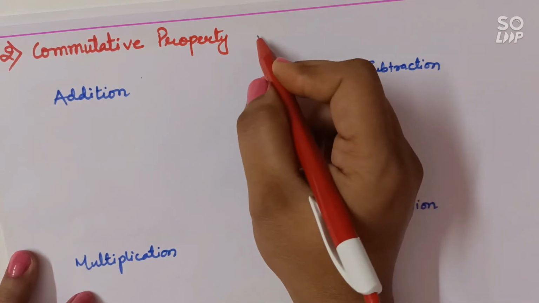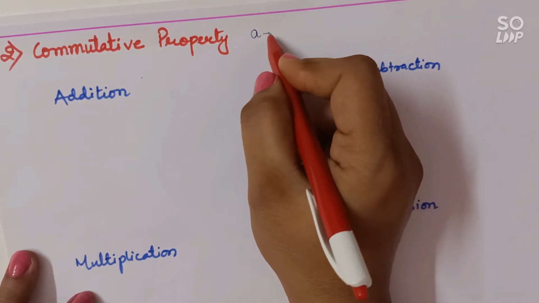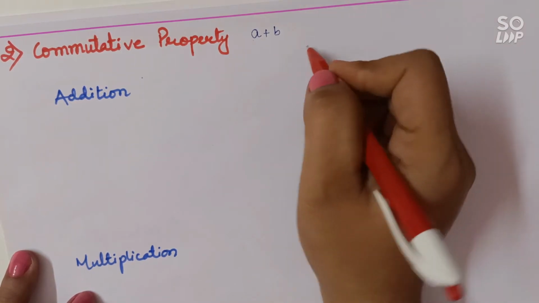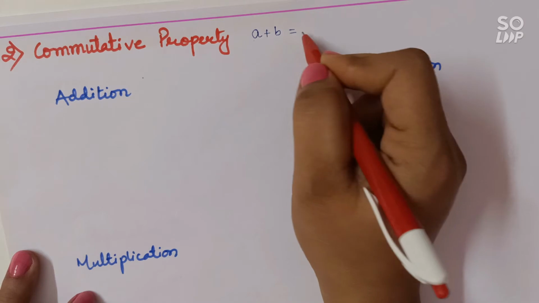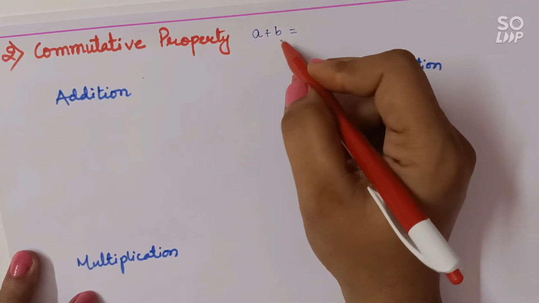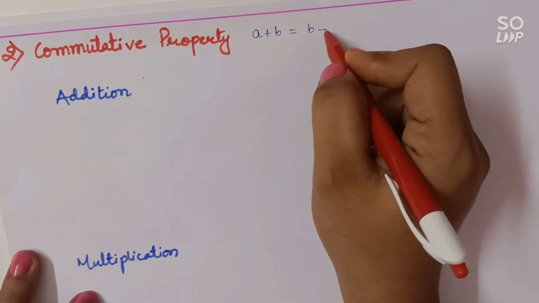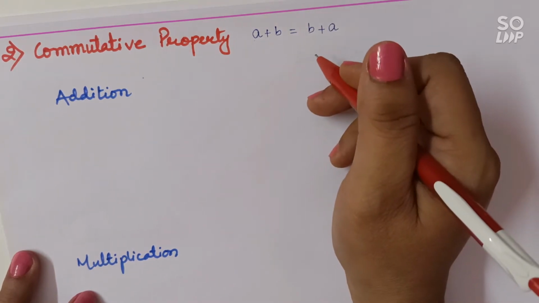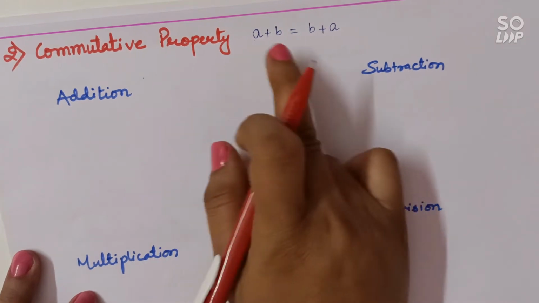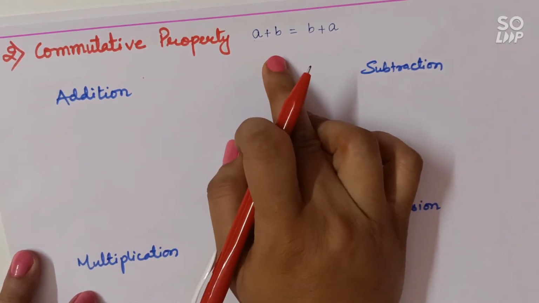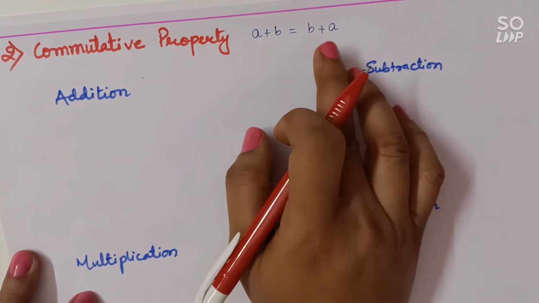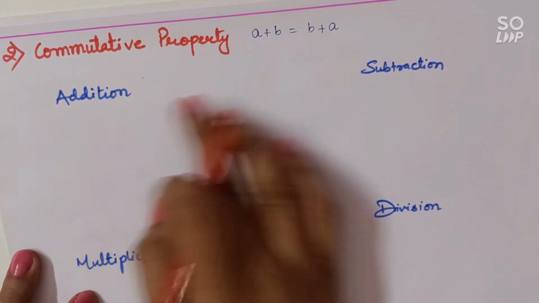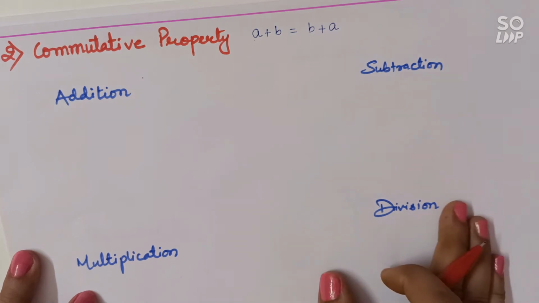It says that when we have two rational numbers, suppose A and B, the result will be the same even if we change the order of the numbers. Like if we write B first and then add it with A, the result would be the same. So let's check for addition, subtraction, multiplication and division whether it is true or not.